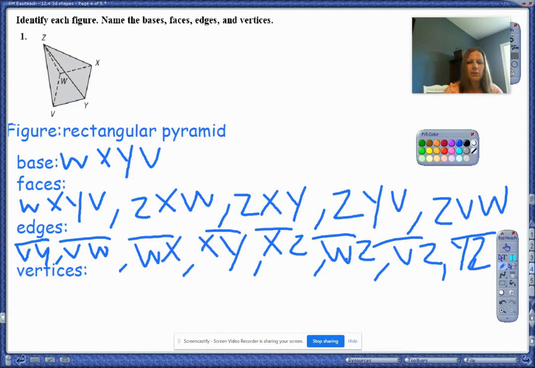Yep, that's good. And my vertices are my points. So Z, X, Y, W, V. 5, right?